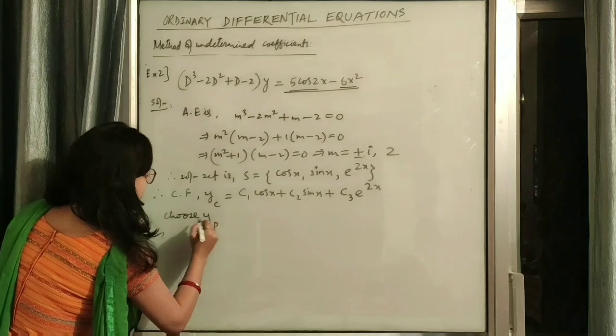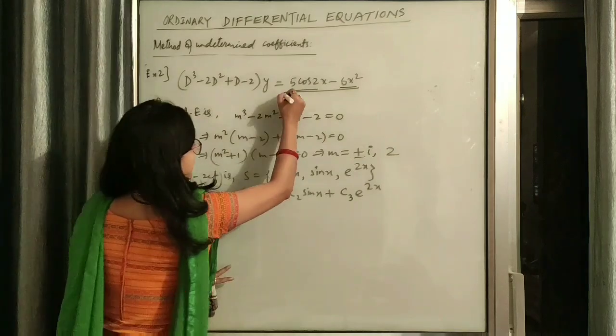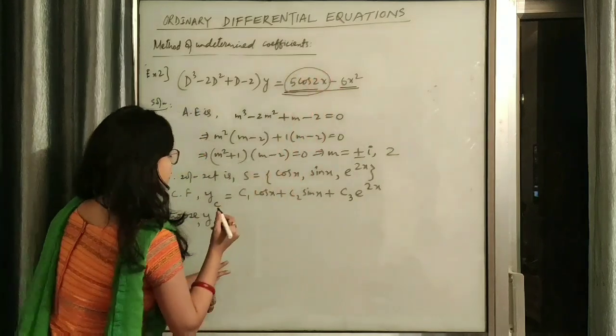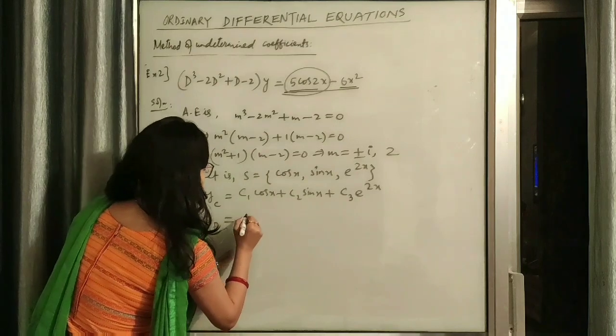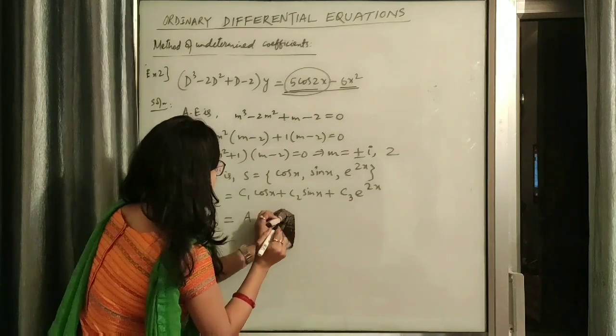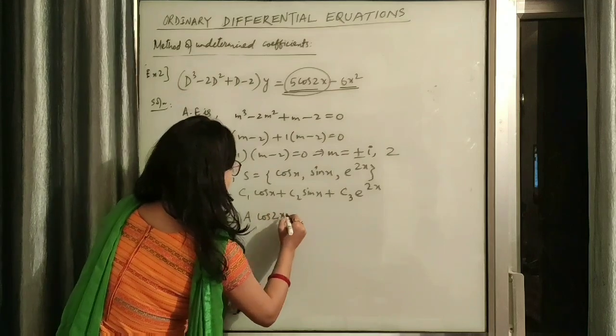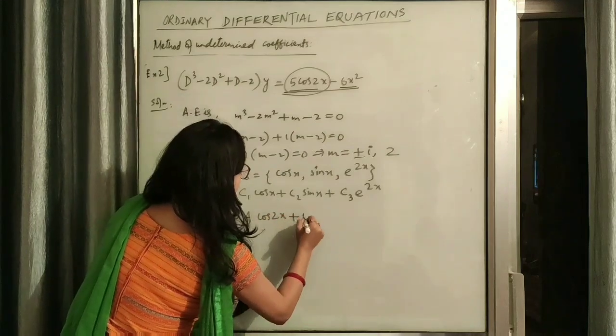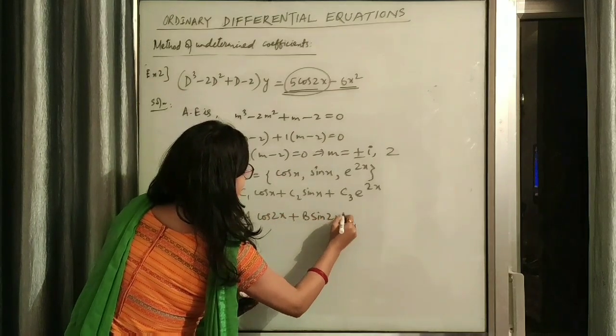For the trigonometric function, the choice of the PI will be a cos 2x + b sin 2x.